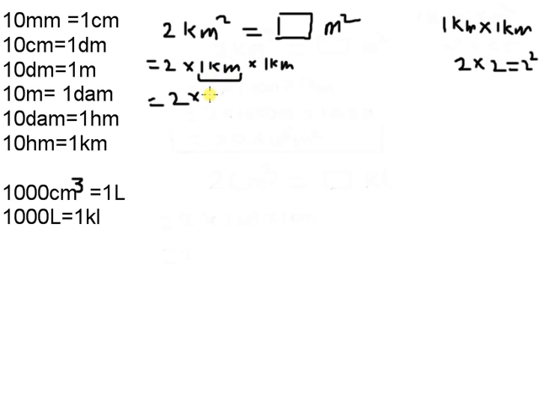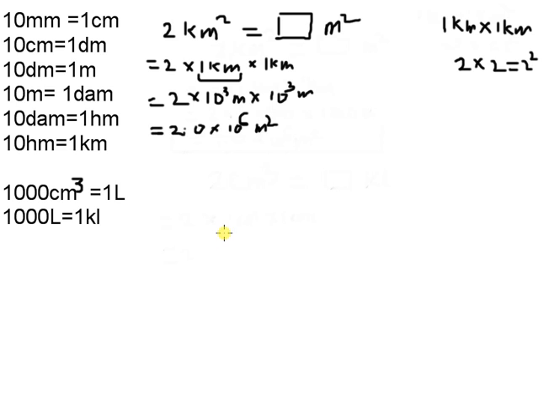We know that 1 kilometer is equal to 10 to the power 3 meters, and same over here, 10 to the power 3 meters, and what we get in the standard form is 2.0 into 10 to the power 6 meter square. So this is my answer.